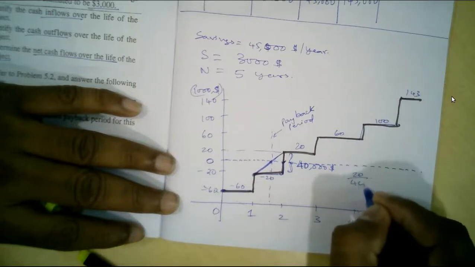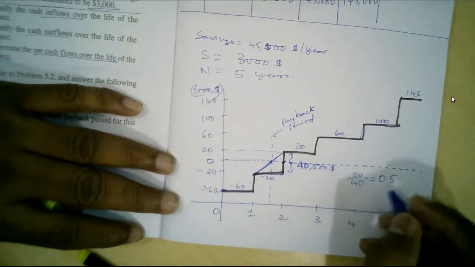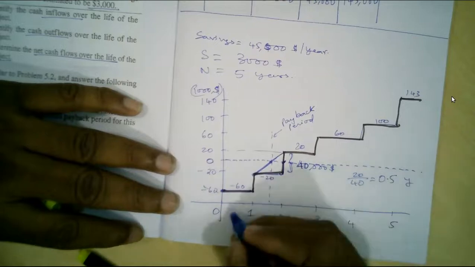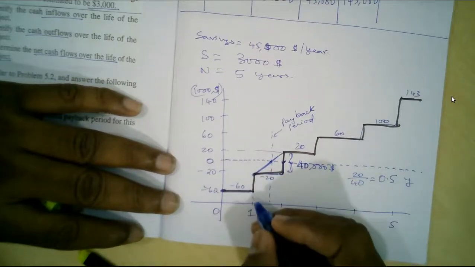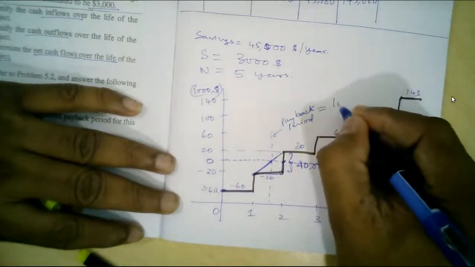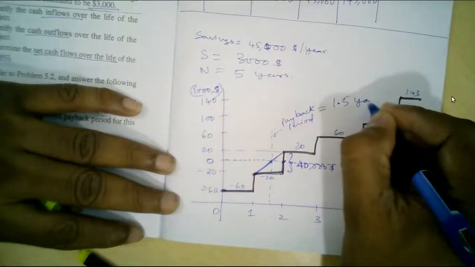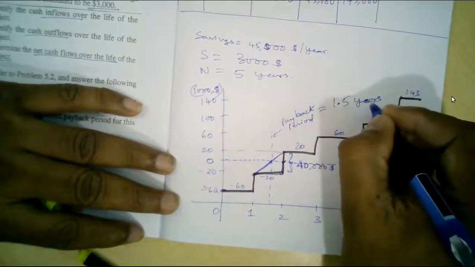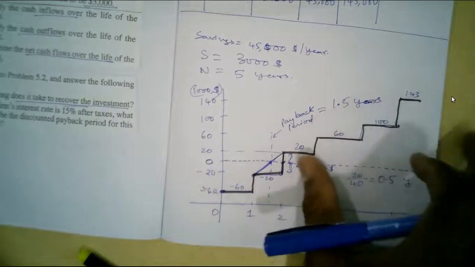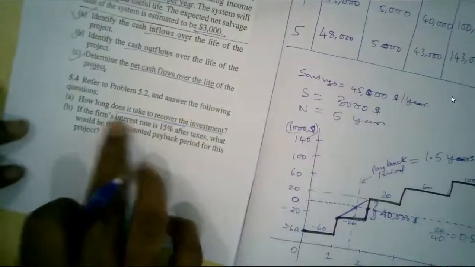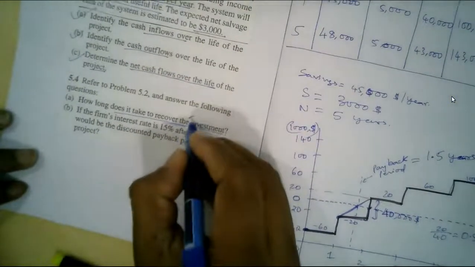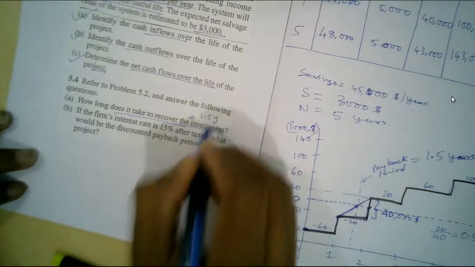So that is 20 by 40, that is 0.5 years. So that is already 1 year is over here. So payback period is 1.5 years. So this is the answer to this particular question. How long does it take to recover the investment cost? Here the answer is 1.5 years.